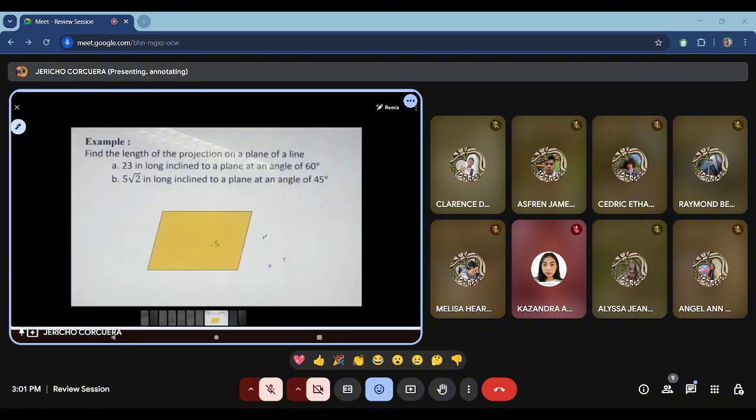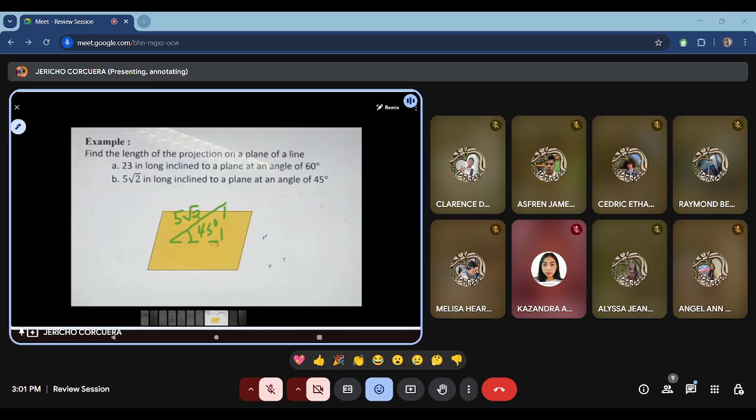Here is another one. The length of the inclined line is equal to 5 square root of 2 inches, and we are also looking for the length of the projection again. The angle of inclination is 45 degrees. So this is also the isosceles triangle theorem.